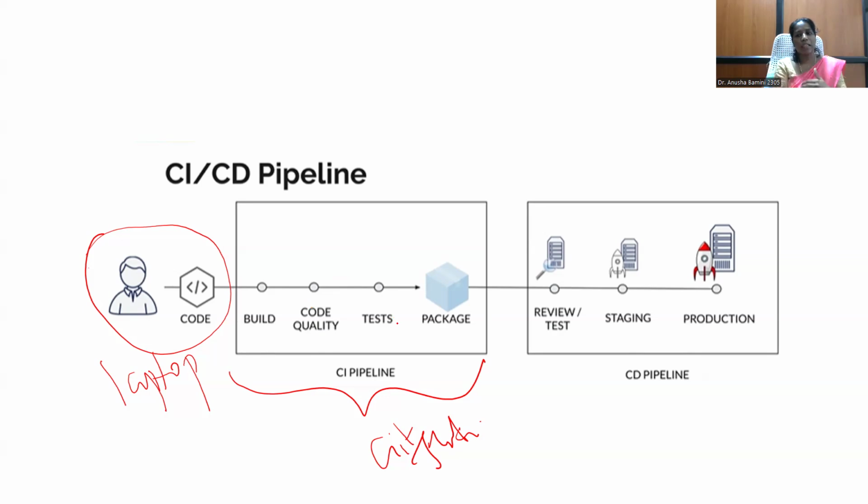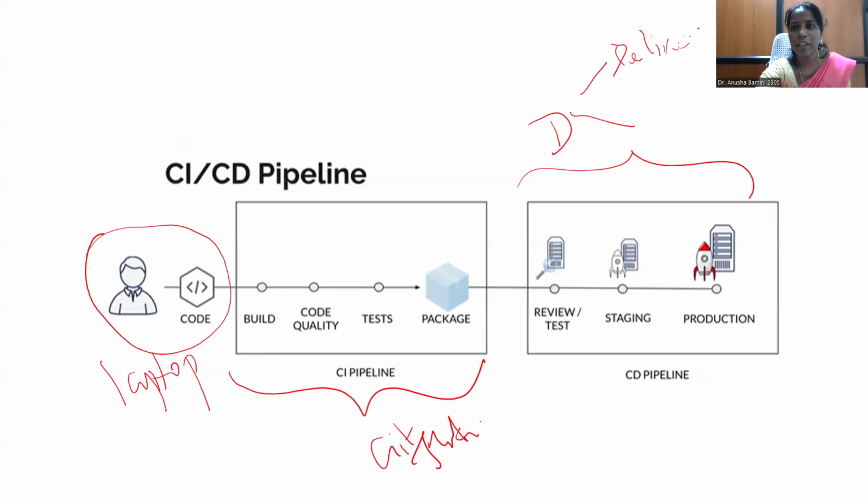Okay, after that, continuous delivery or deployment. The D can be called as two steps: delivery and then deployment. Okay, after delivering a model, we are continuously monitoring and updating the model. That is called deployment.